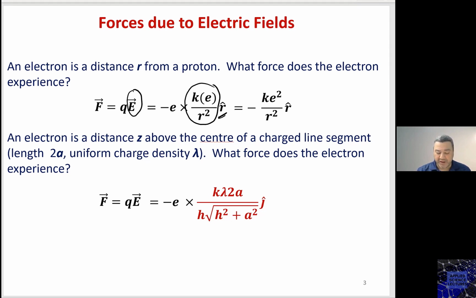If we have here an electron, and this proton, which is generating this field, is exerting a force on this electron, then definitely the direction of the electric force exerted on this electron will be in the opposite direction. Why? Because that's an electron.